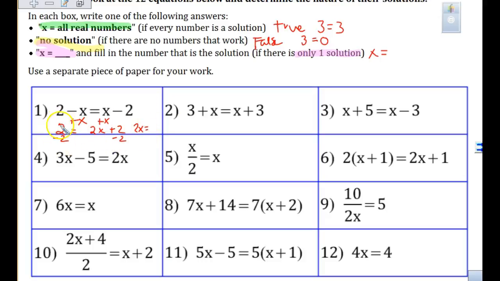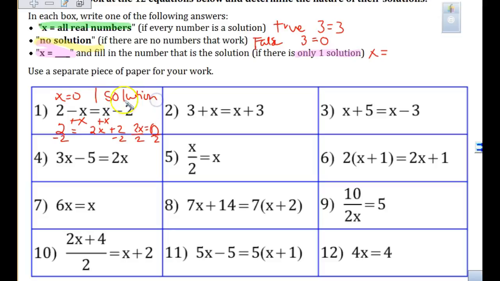Okay, when I take 2 minus 2, what'd you get? 0. 2X equals 0. So if I'm solving 2X is equal to 0, what would I need to do to solve? Divide by 2. And 0 divided by 2 is? 0. So my answer here, I'm going to put X equals 0, and my answer is one solution.